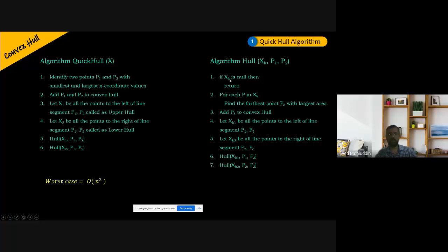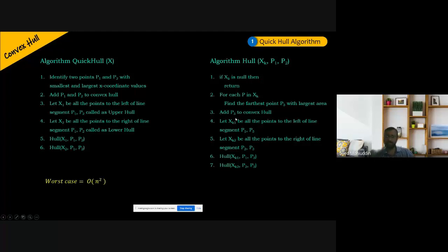If there are no points in X, that is, if X is null, then return. You cannot do anything. This part, we've found the extreme points. For each P in X, find the farthest point P, the one with the largest area. Obviously, the largest area means it's assumed that the largest area will cover most of the points inside it.